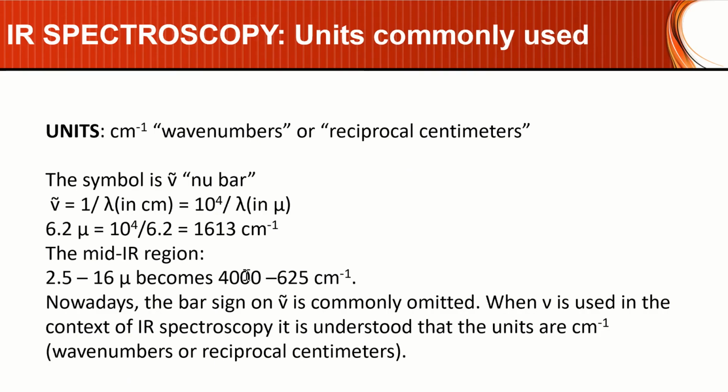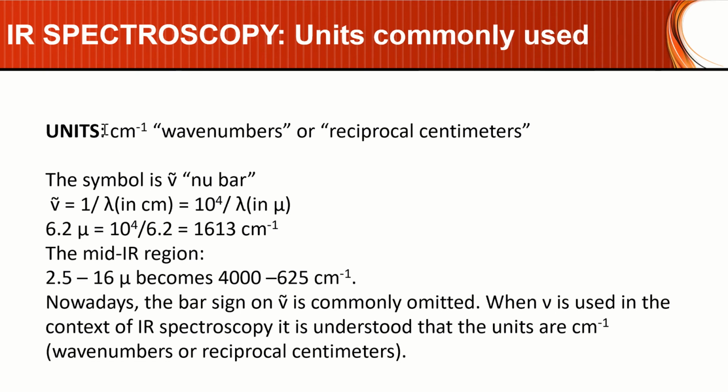Continuing on the units used in IR spectroscopy, when you look at your spectrum, you would recall that the unit is wave numbers or reciprocal centimeters. But the one that we will stick to is wave numbers, right? So it's cm to the minus 1.